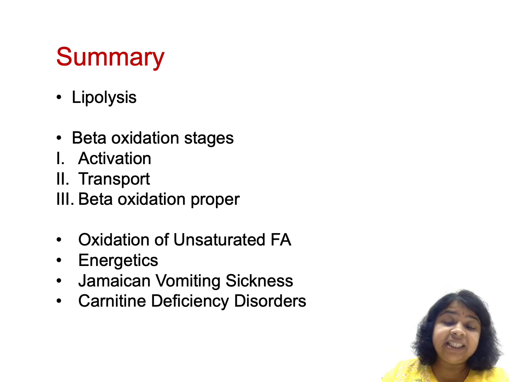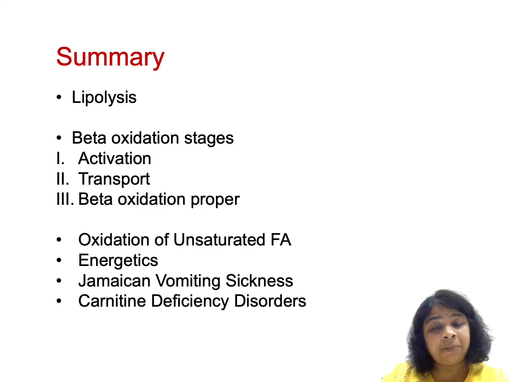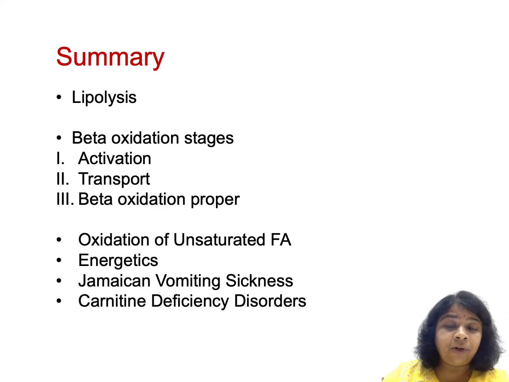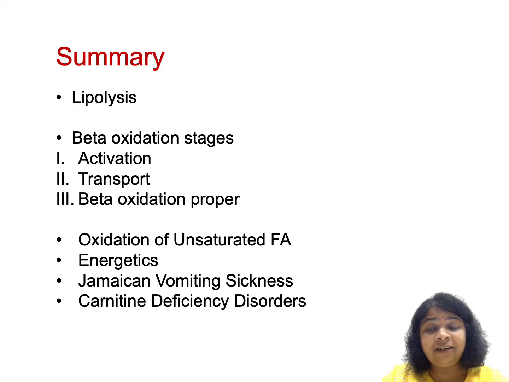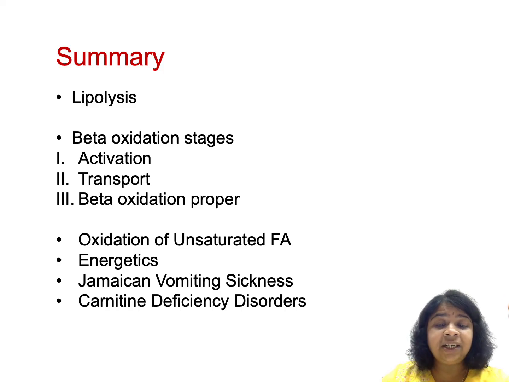We looked at the different stages of beta oxidation: stage 1, activation to form acyl CoA; stage 2, transport into the mitochondria by carnitine or the carnitine shuttle, which has 2 enzymes, CAT1 and CAT2; and then beta oxidation proper, containing 4 steps: oxidation, hydration, oxidation and thiolytic cleavage.